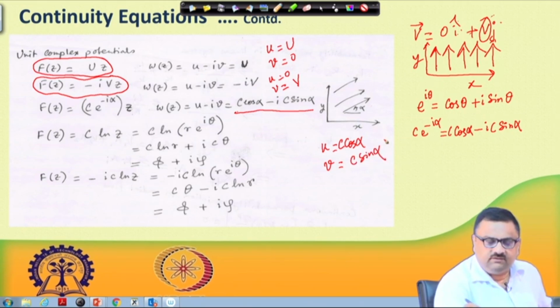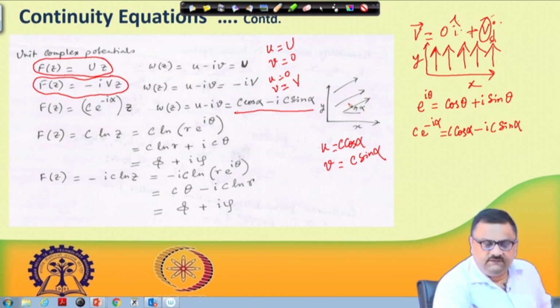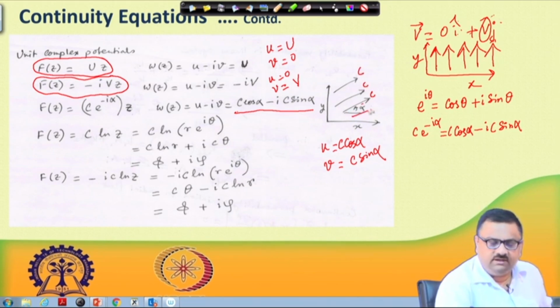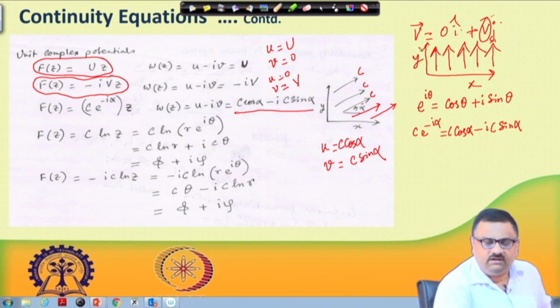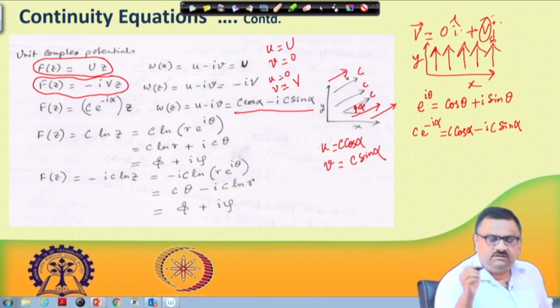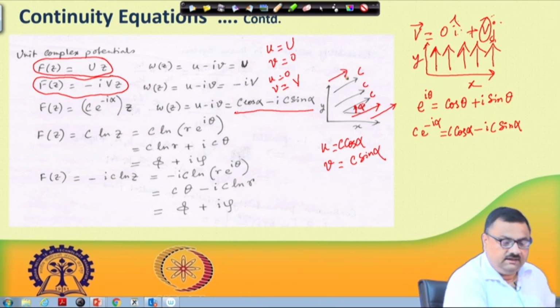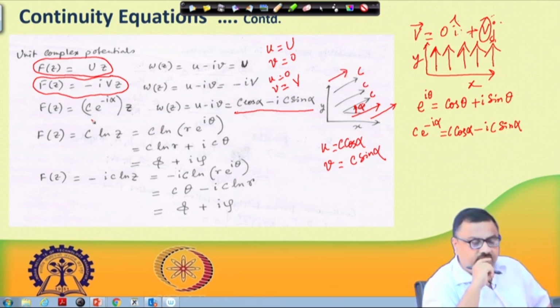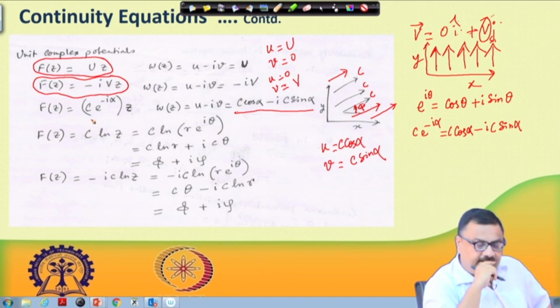That means this is talking about a velocity with magnitude c at an angle alpha to the x axis. So, we are looking at velocity neither in x direction nor in y direction, but velocity at an angle alpha to the x axis, a uniform velocity. So, this is referred to as fz equal to c e to the power minus i alpha into z.